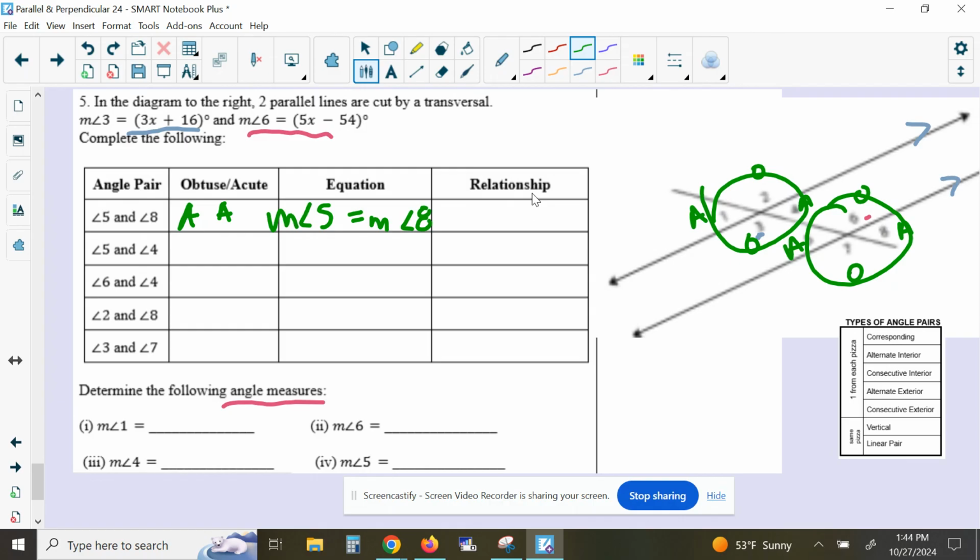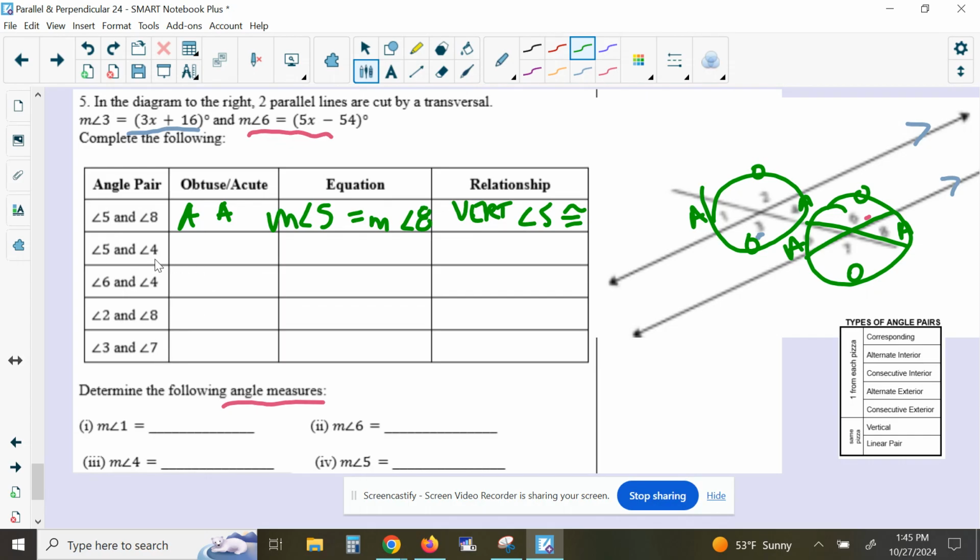That's my relationship or my reason why they're equal to each other. So 5 and 8 are on the same pizza, so I only have an option of vertical or linear pair. And they are across from each other on an X. So they are an example of vertical angles. So vertical angles are congruent.